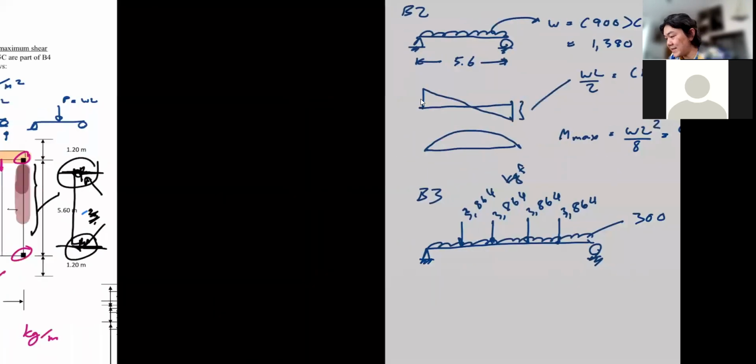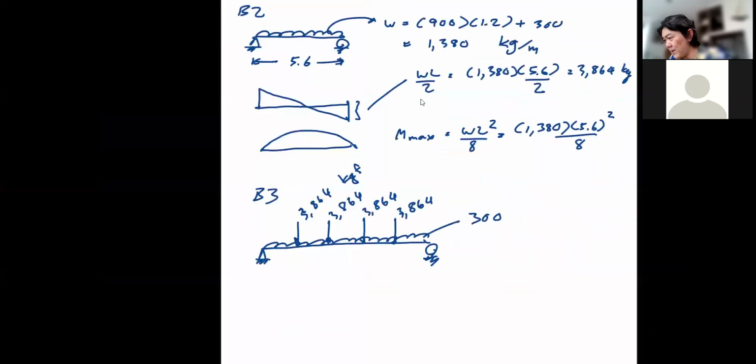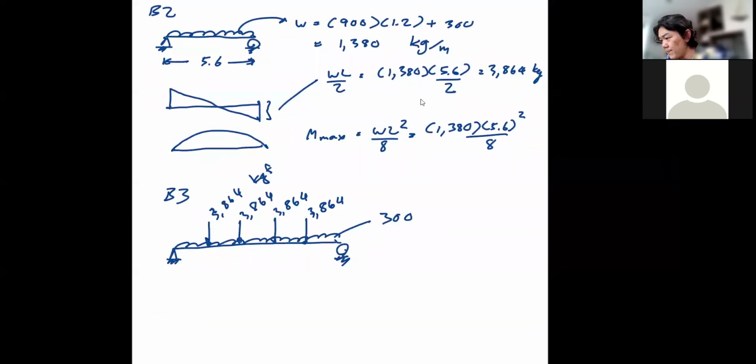B2 is essentially the same as B1, as you can see, except the loading is different and the span length is different. From here, the tributary width that you can see is this one, which is 1.2 meters. The load is essentially the same. So right here for B2, it's 900 multiplied by 1.2 as the tributary width.